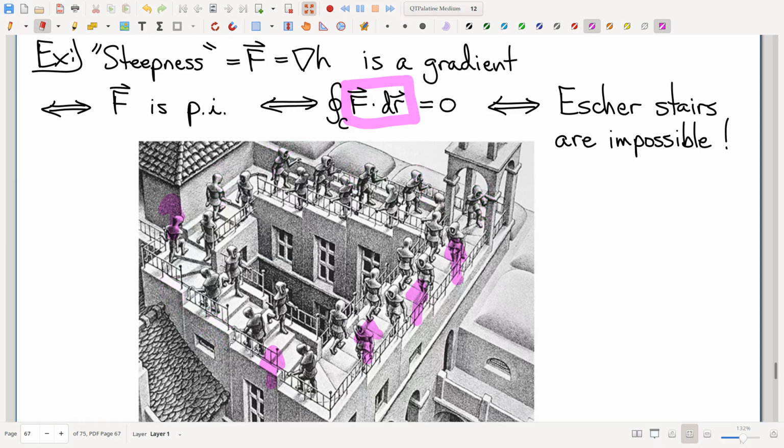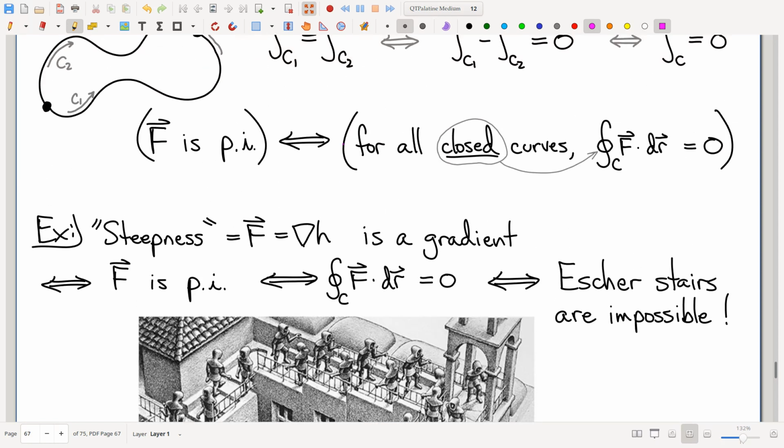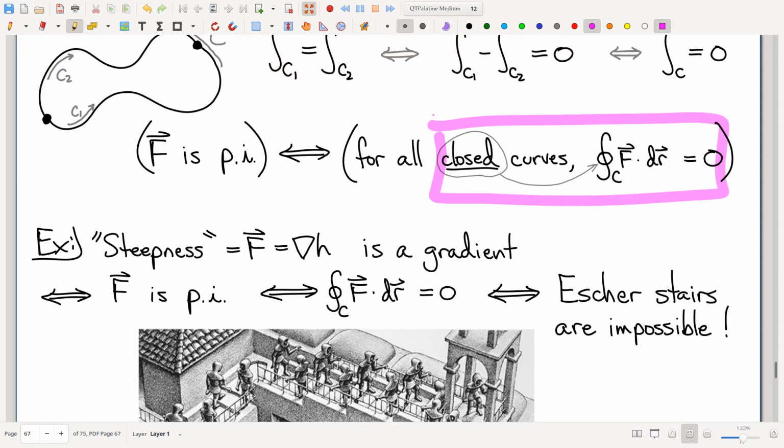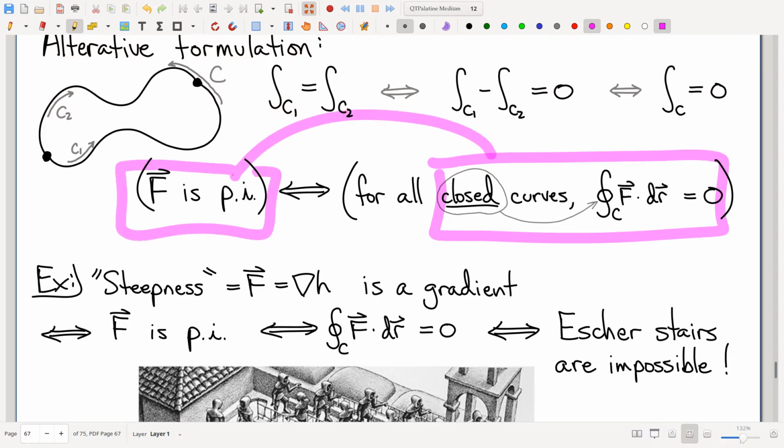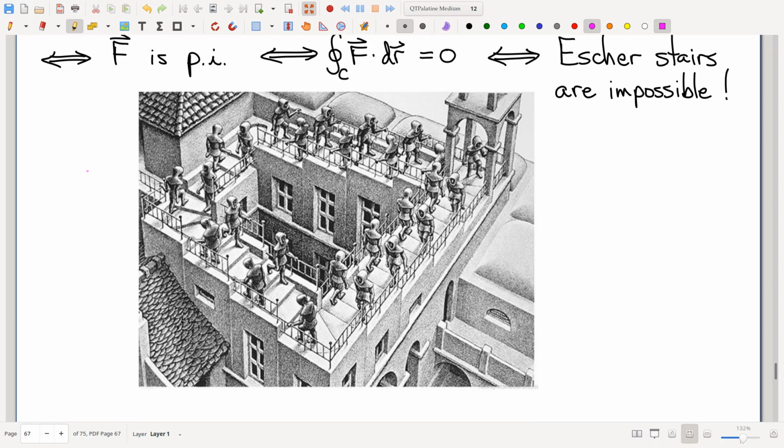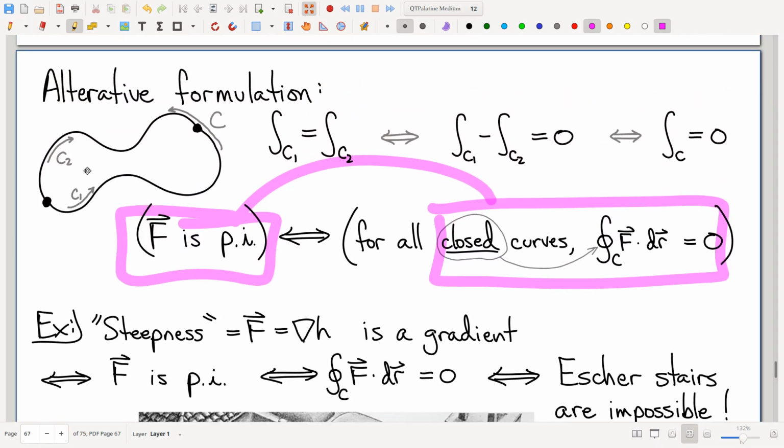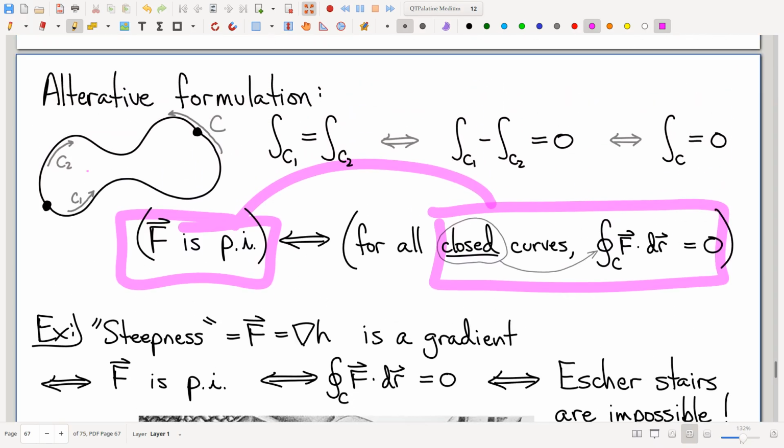Another way to say this is that the nonsensicalness of this piece of art is a take on why this really should be true for path-independent vector fields. What I have in purple, if it weren't true, would suggest that this nonsense is possible, which is clearly nonsense. So I would encourage you all to think about this as a nice point of view on why this makes sense. Everybody good with that?